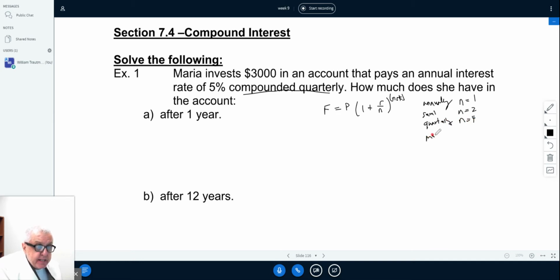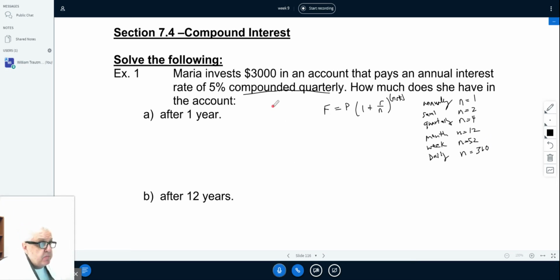Monthly, N is 12. Weekly, N is 52, since there are 52 weeks in a year. Sometimes they say daily. Depending on how many days you have in a year, we use something called banker's days, and we just use 360 since it's a nice round number. So 360 for daily.